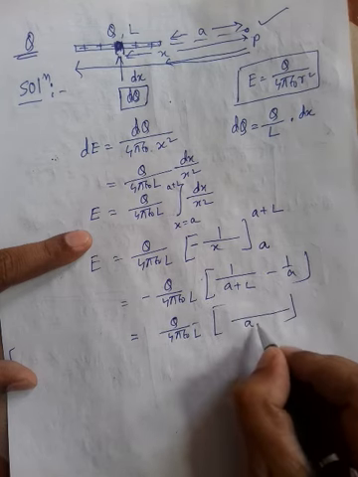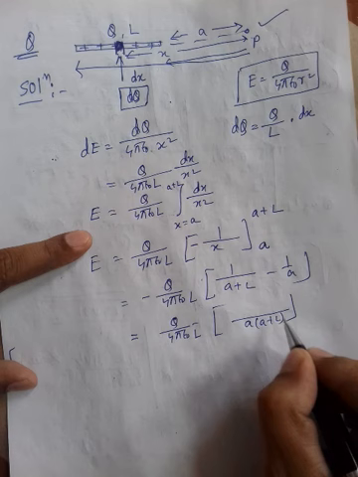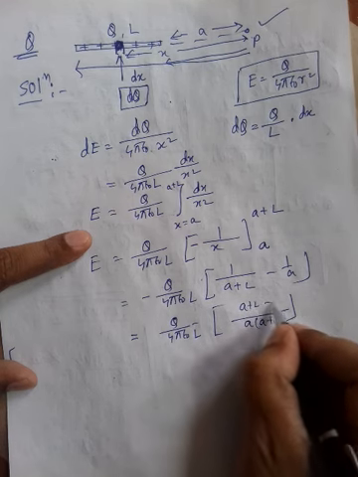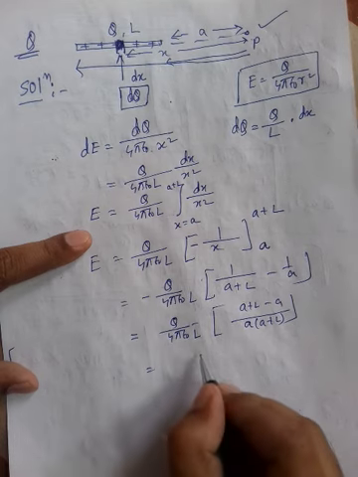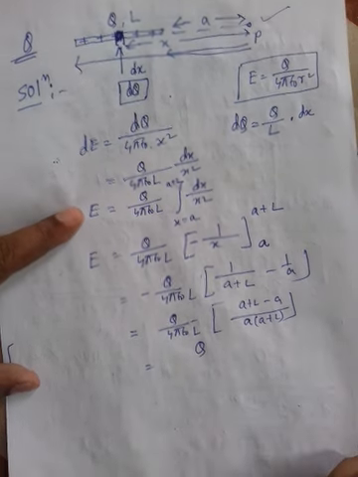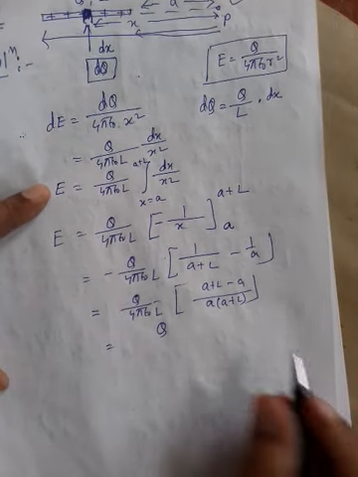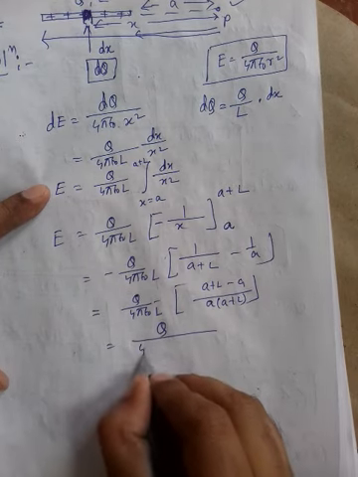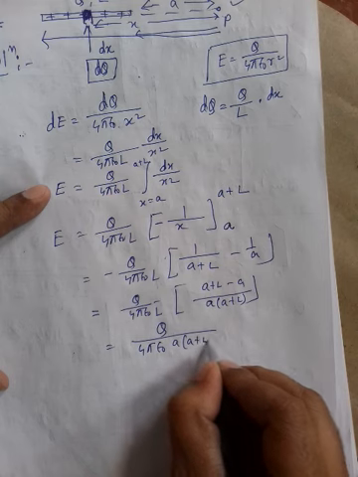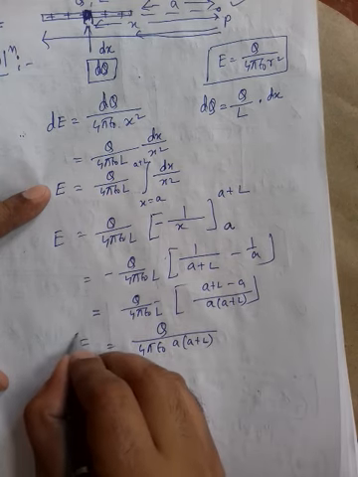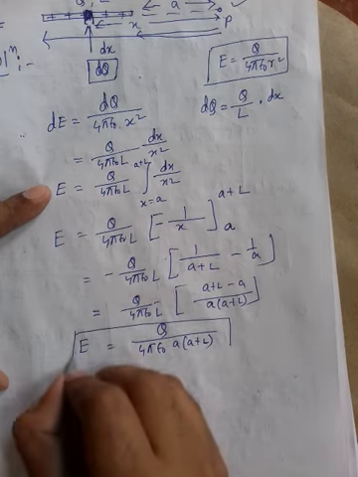It is A into A plus L. Here it is A plus L minus A. A cancels, L and L here also cancel. It is Q by 4 pi epsilon naught A into A plus L. This is the field at point P because of the rod.